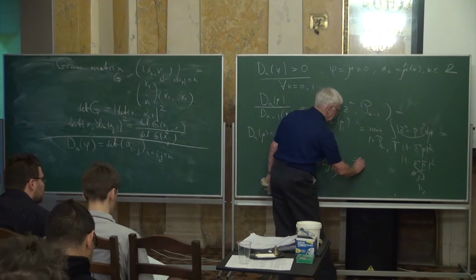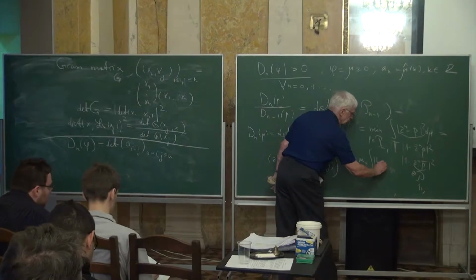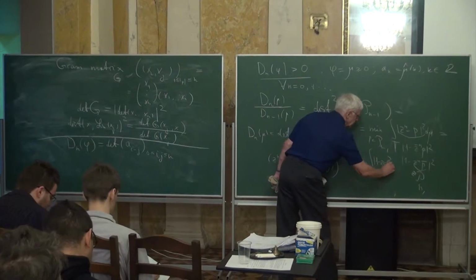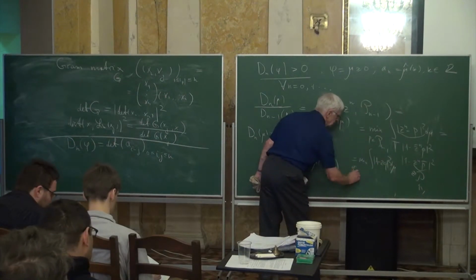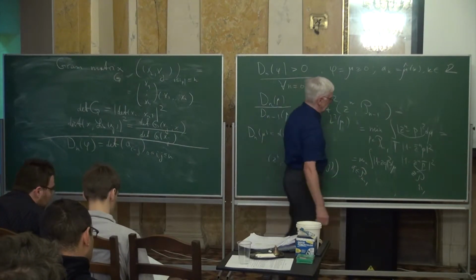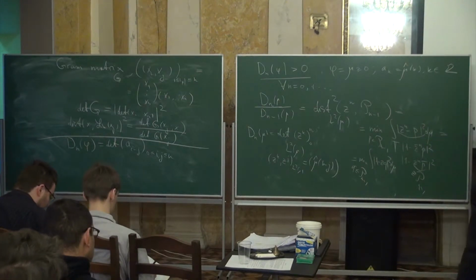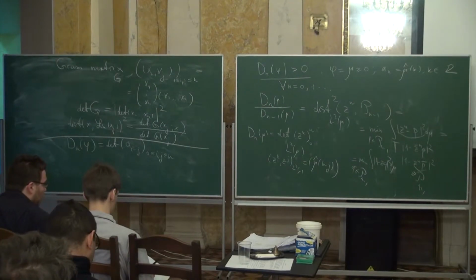So we have the minimum of the integral of |1 minus zq|^2 d mu, where q runs over P_{n-1}. So we obtain that this ratio is monotone. It decreases.